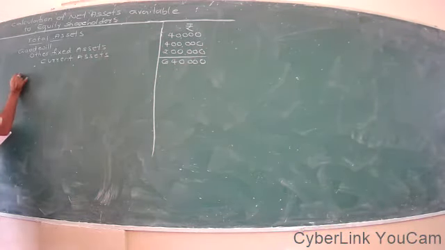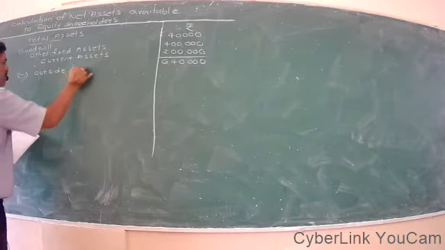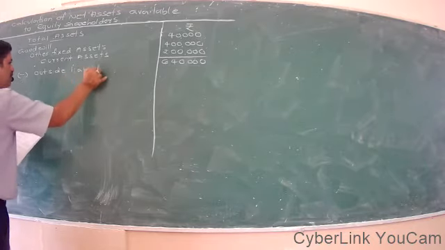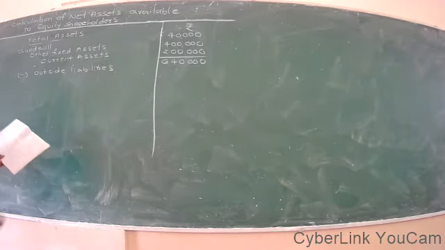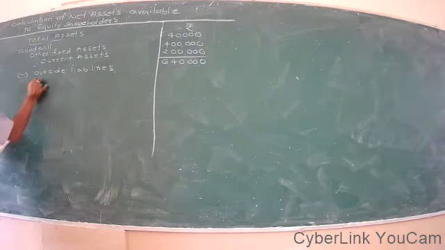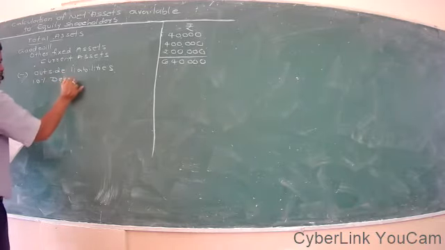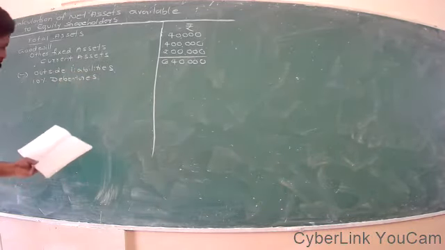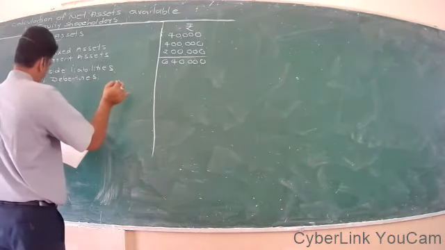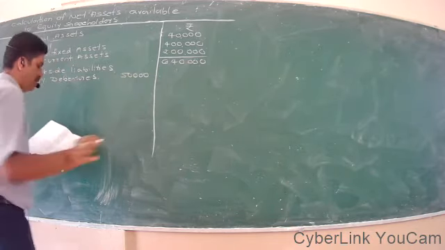Minus outside liabilities. Here one is 10% debentures, 50,000.